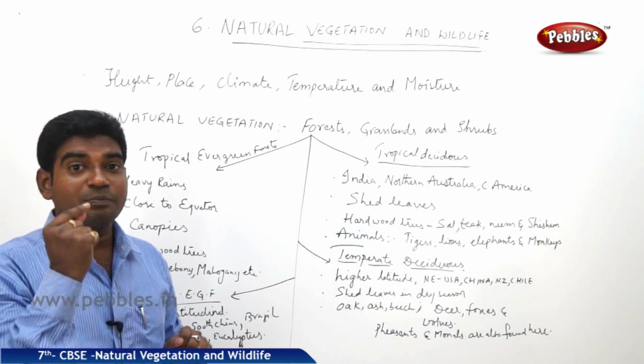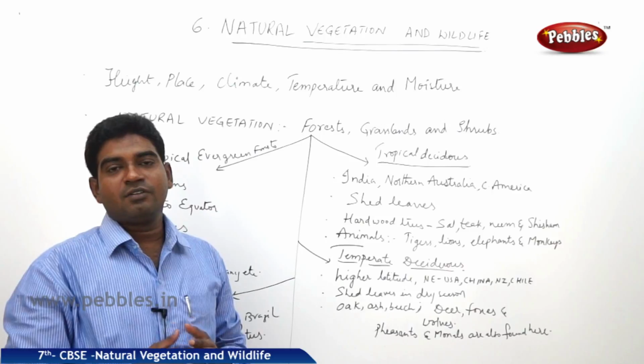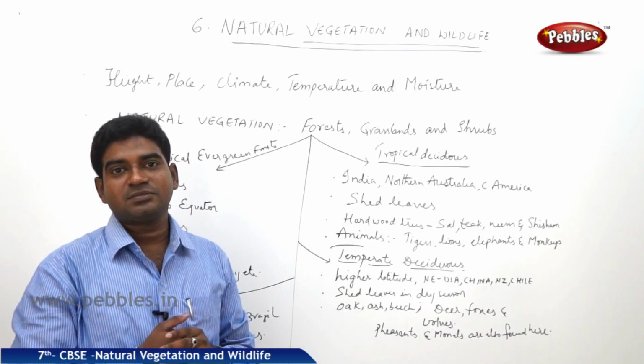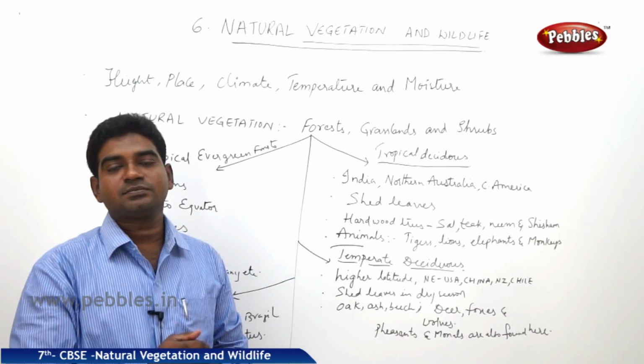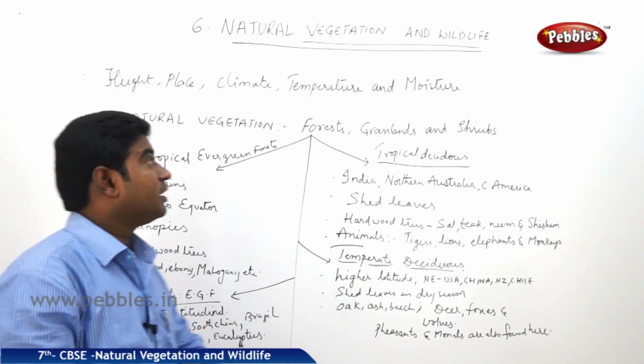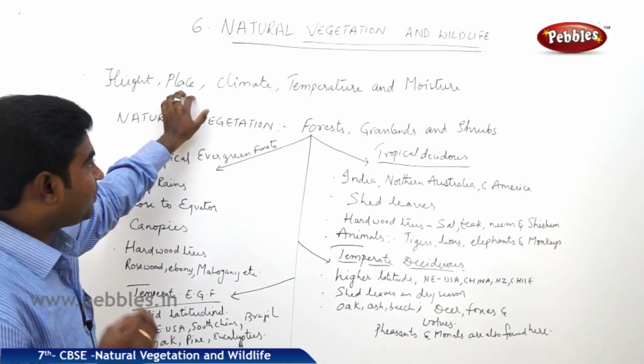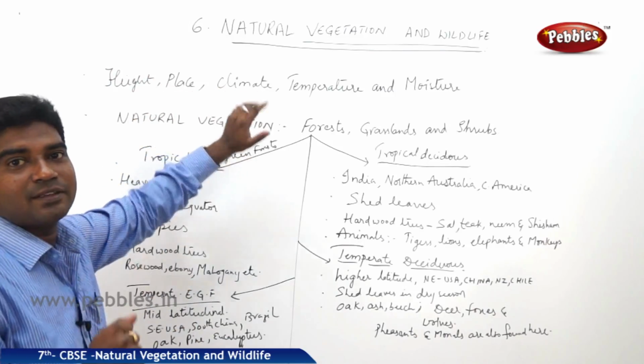No. So it depends on the place we are talking about. When we are talking about the Sahara Desert, is there any possibility to have natural vegetation as it is on the plain lands? No. So, depending on the height, depending on the place, depending on the climate of the place.